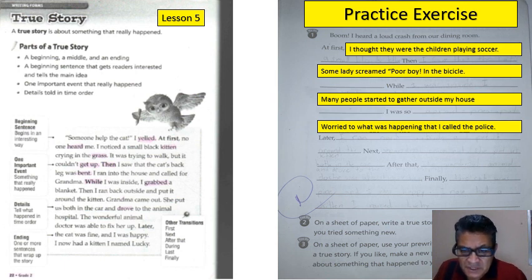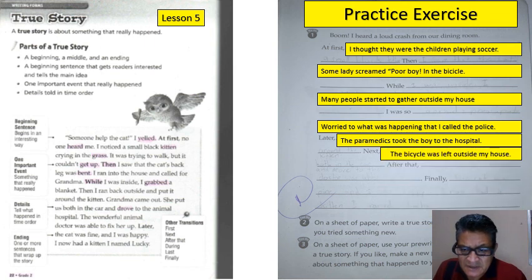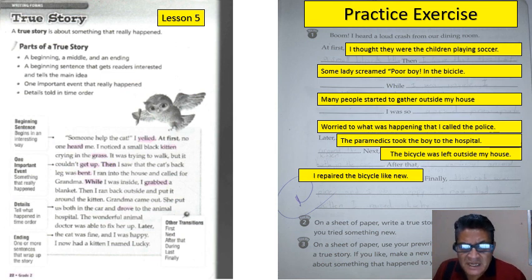Later, see, the paramedics took the boy to the hospital. See, the bomberos came and they took the boy to the hospital because he was hurt. Next, the bicycle was left outside my house. Everybody left, but they left the bicycle. After that, I repaired the bicycle like new.